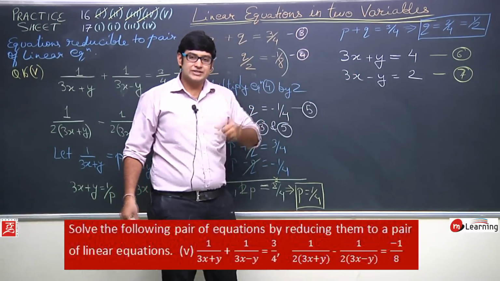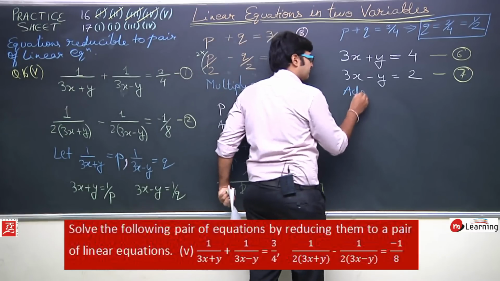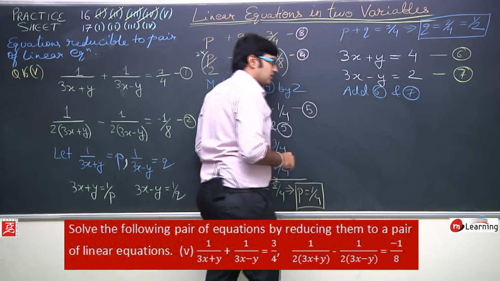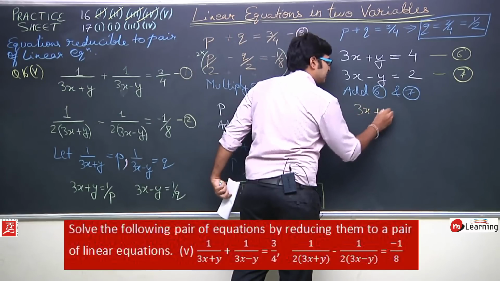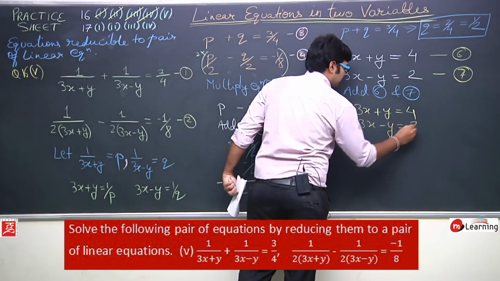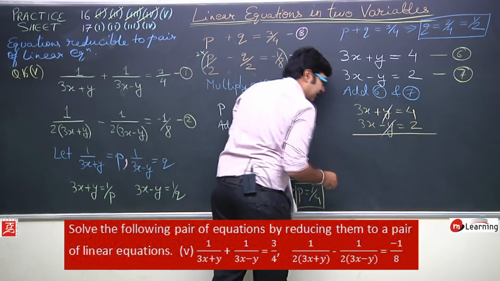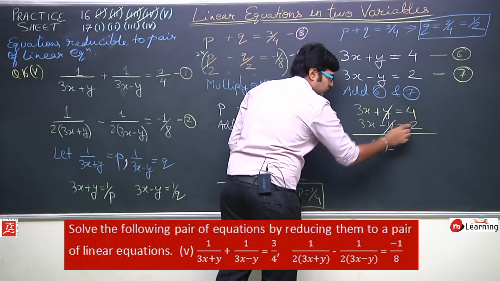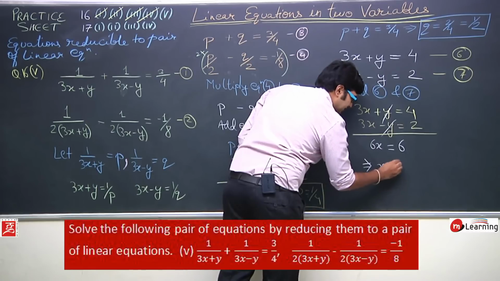So we can add these two equations. By adding equation 6 and 7, 3x plus y is equal to 4 and 3x minus y is equal to 2. By adding these two equations, you can see y and y will get cancelled out. 3x plus 3x is 6x is equal to 4 plus 2 is 6, which implies the value of x is 1.